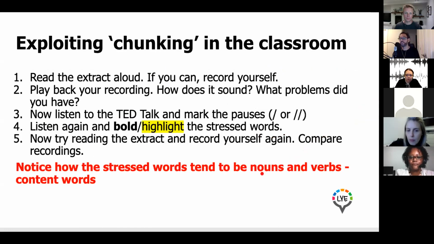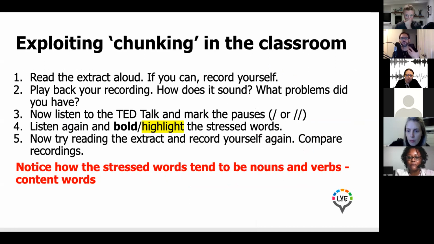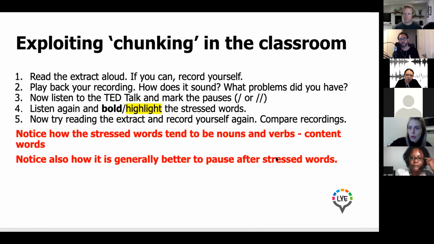And another thing you can do, again, this idea of getting students to really notice patterns of pronunciation, is ask your students to notice how the stressed words tend to be nouns and verbs. And I think it was John who said this at the beginning. Yes, mostly nouns and verbs, content words are usually stressed, as opposed to function words or grammar words, which are almost never stressed.